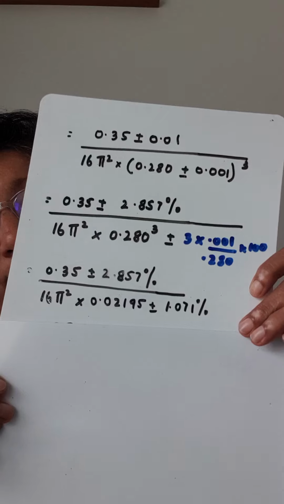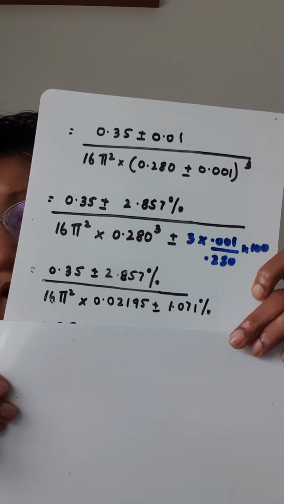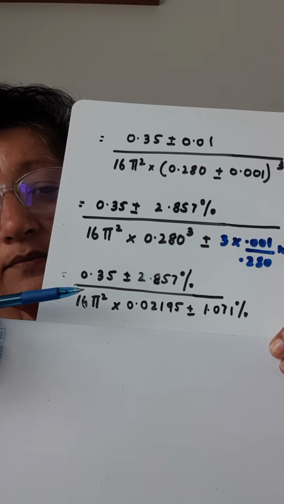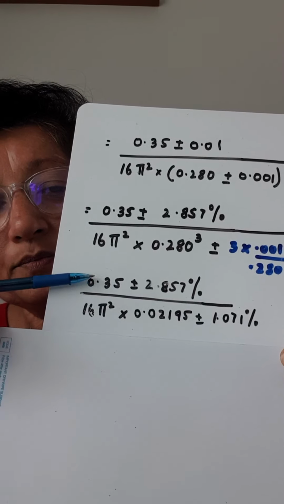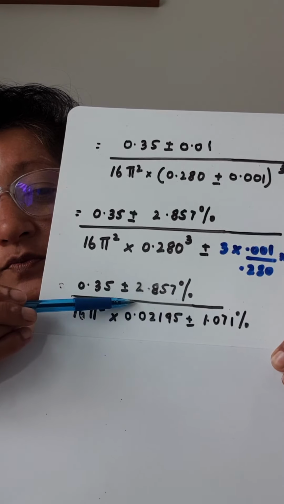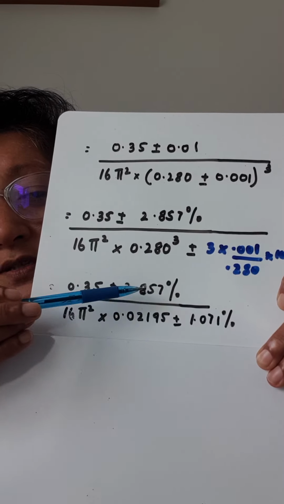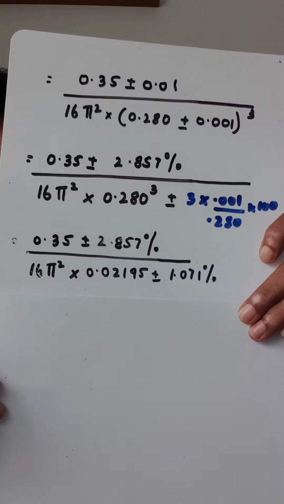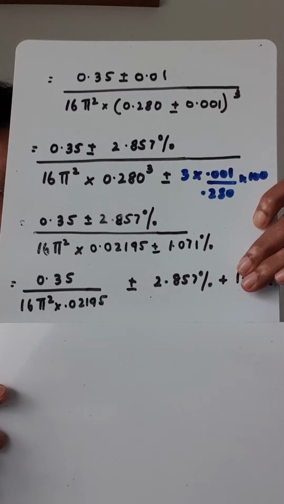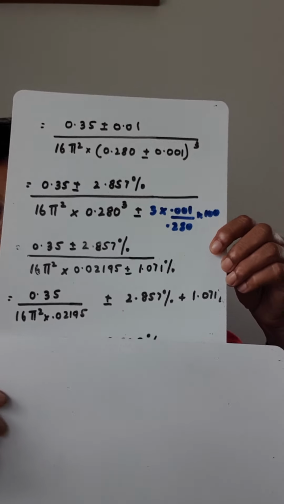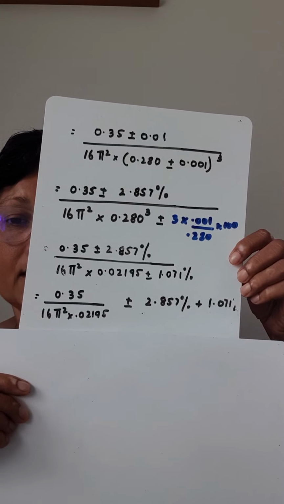Okay, and then the next step is I'm just going to put all these together, the 0.35 over 16 pi squared times this d cubed, and I'm going to separate out the percentage uncertainties because we have to add the percentage uncertainties. So that's these numbers, and I'm adding both the percentage uncertainties here.